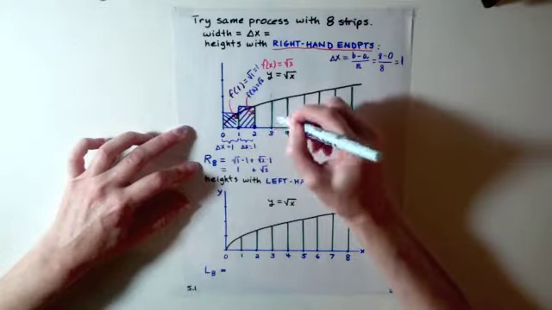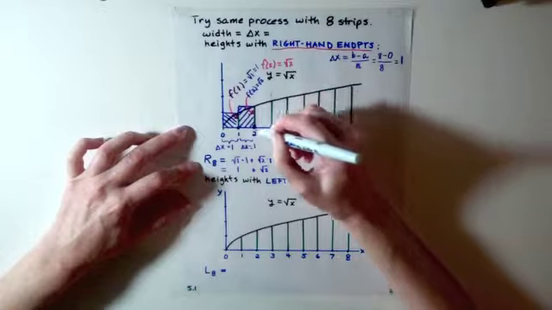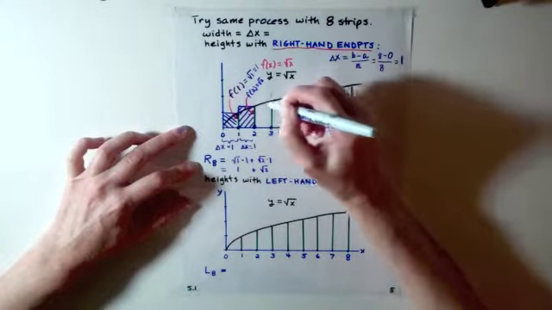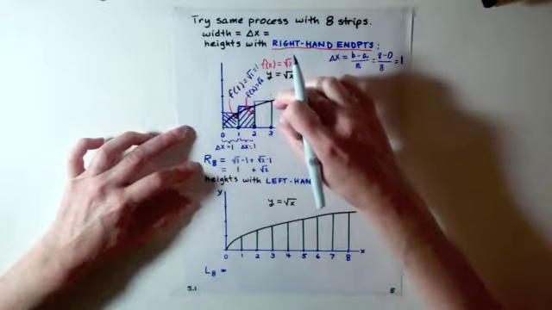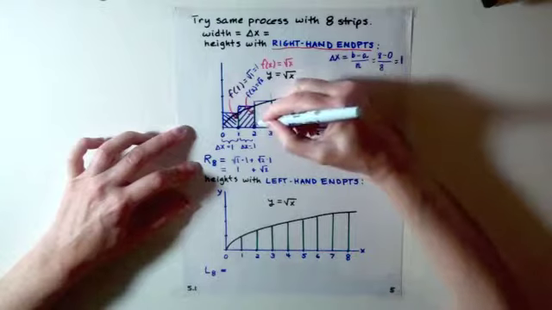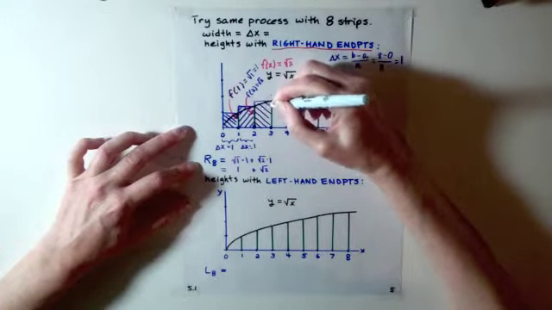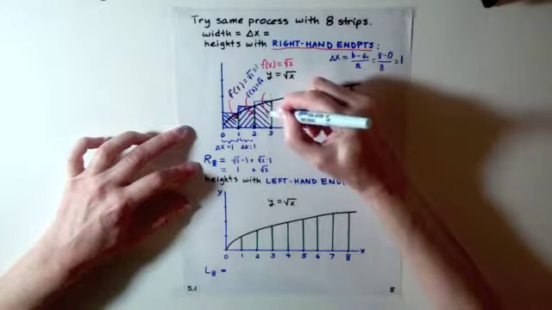So you notice that for the third rectangle, I'm going to choose 3. That's the right-hand endpoint of that strip. I make a rectangle that's as high as this green segment is under the curve at the value x equals 3. My third rectangle will look like this. And what's the height of that rectangle?